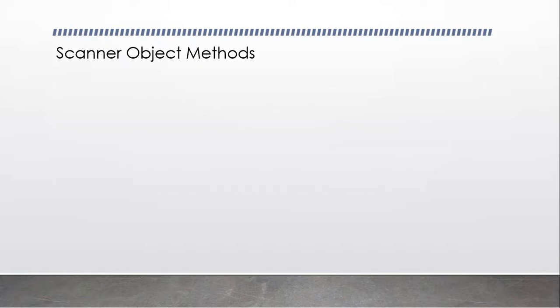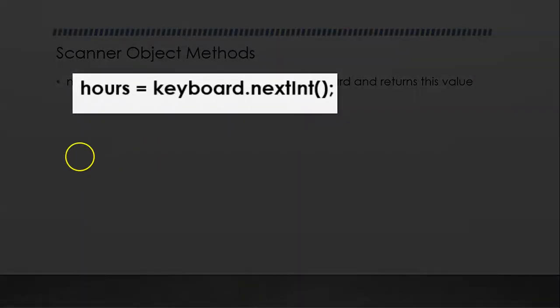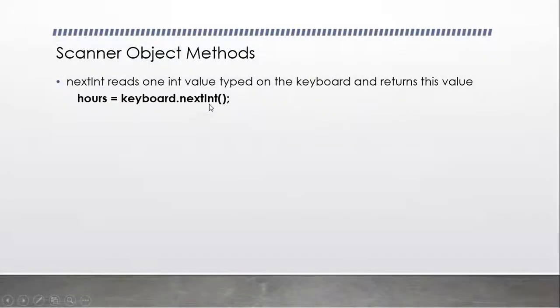So here are some of the Scanner object methods. We've got something called nextInt. What we do is we use that reference variable for the object we created, which we're thinking of as keyboard. We use the dot, and then we use nextInt. And we're invoking the nextInt method for this keyboard object.